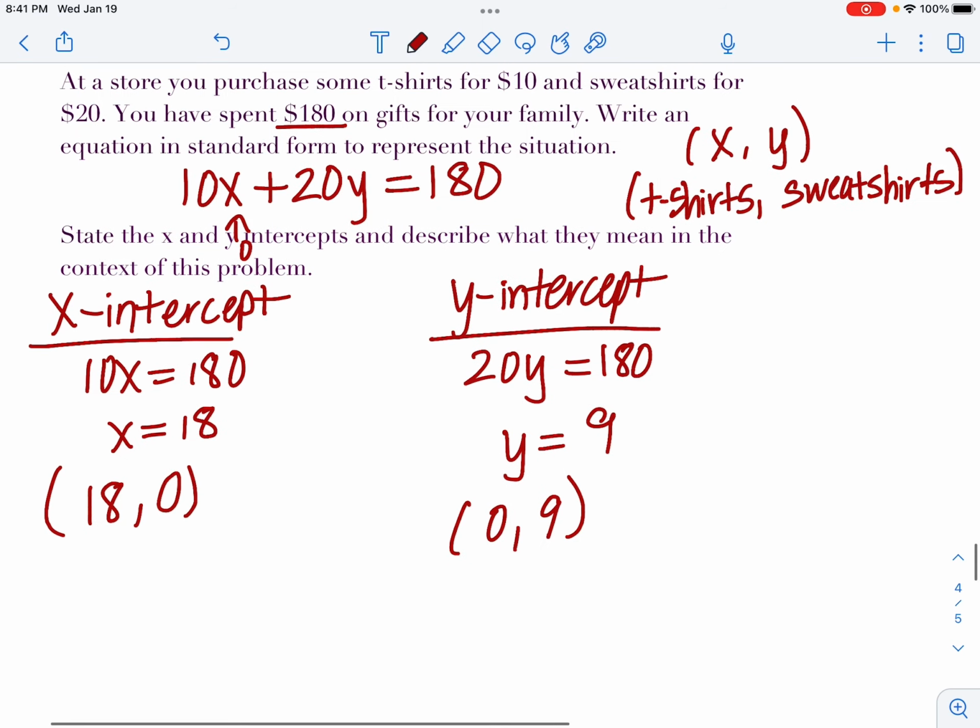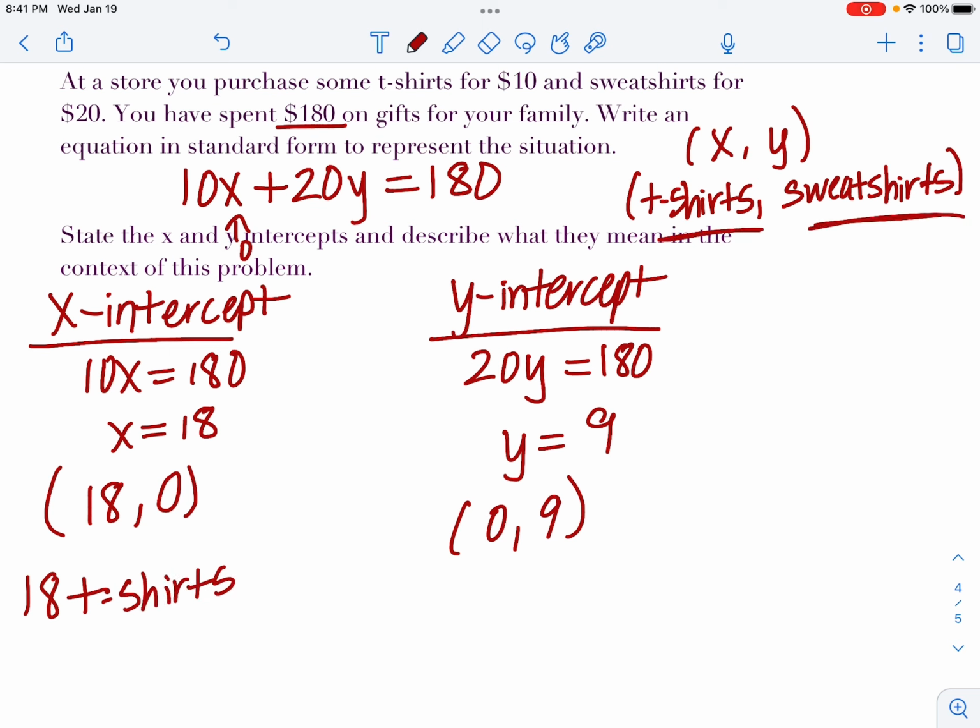The x-intercept represents that I can purchase 18 t-shirts and 0 sweatshirts because the y value stands for sweatshirts and the x value stands for t-shirts, for the total of $180 that I have to spend.